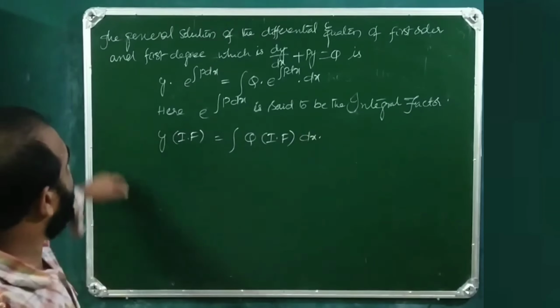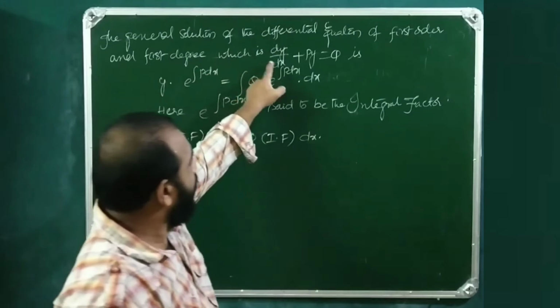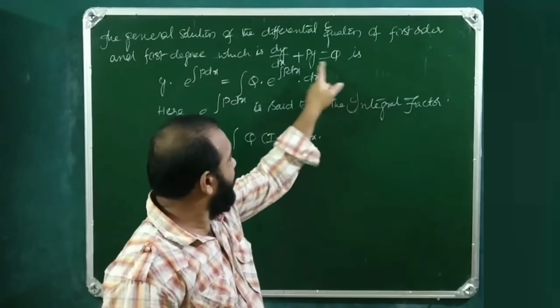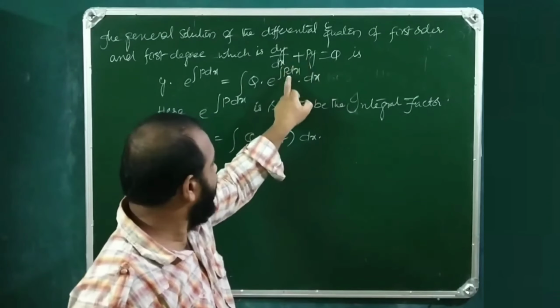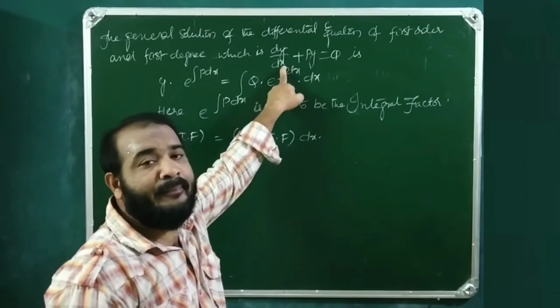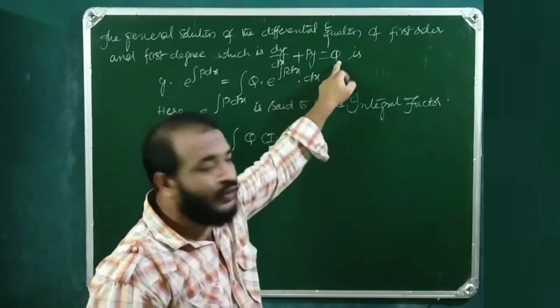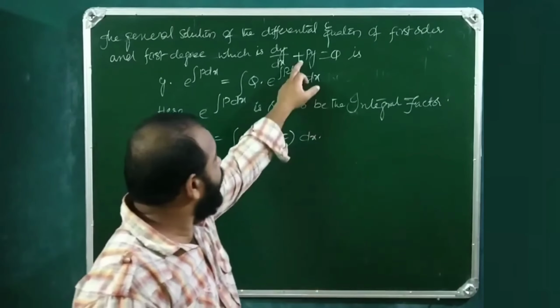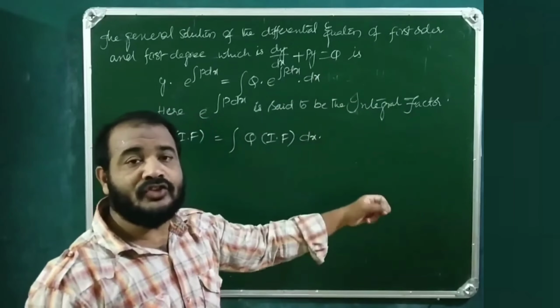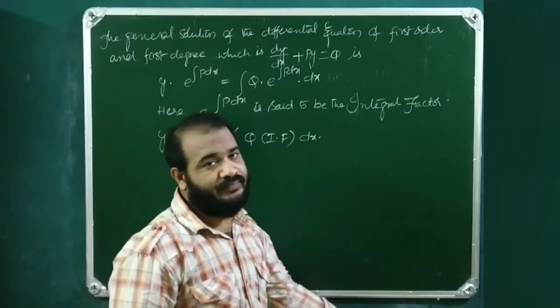For the differential equation dy by dx plus py equals q, where p comma q are in terms of x, here x is the independent variable. Therefore, p comma q are either constants or functions of x, and those functions are continuous functions.